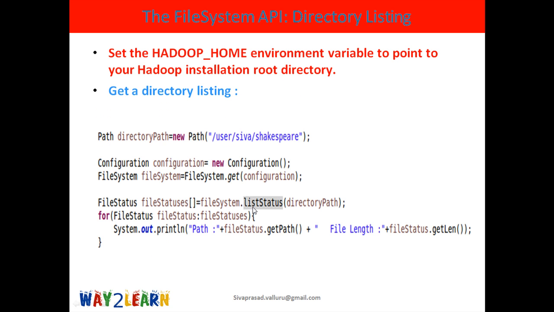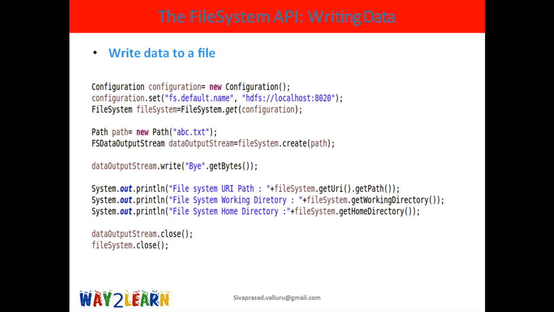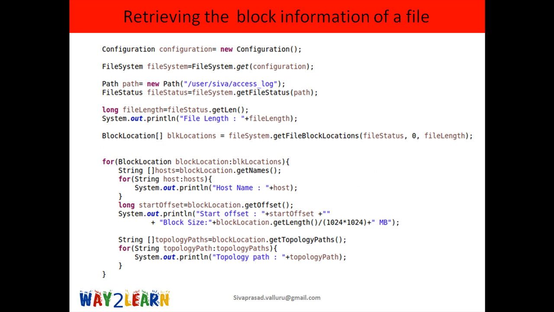If you want to list the files in a directory, file system.list status will give you a file status array. But if you want to get the file status of a particular path, not the files inside that path, then you use file system.get file status. You will get a single file status object.